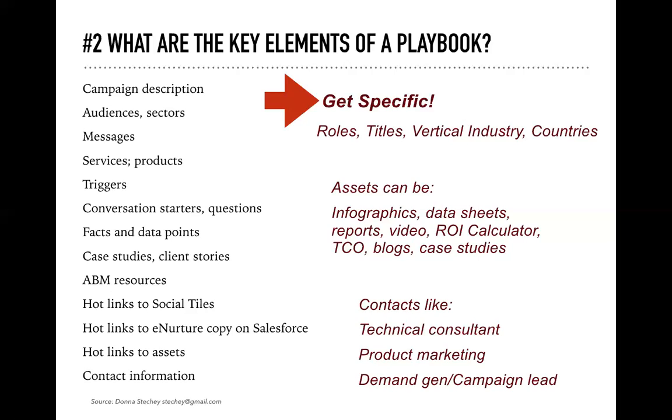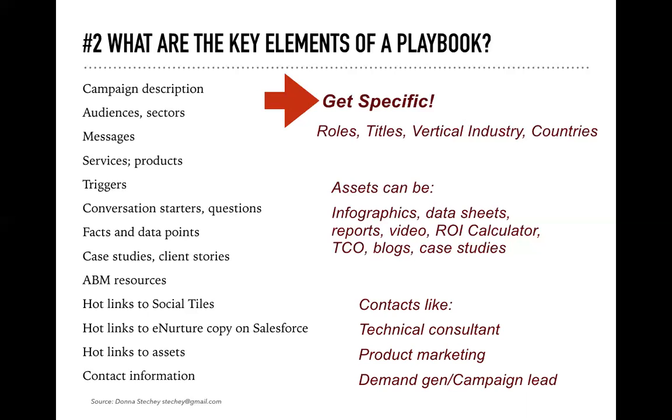You also want to include contact information. You want to include contacts like who is the technical consultant on their sales team that they can go to with questions that might come up with their client. Who is the product marketing lead who is overseeing this campaign and a lot of the assets? They may want to dig in further into a specific white paper, or they may want more information on an ROI calculator or know what else they can use to take their client through the journey.